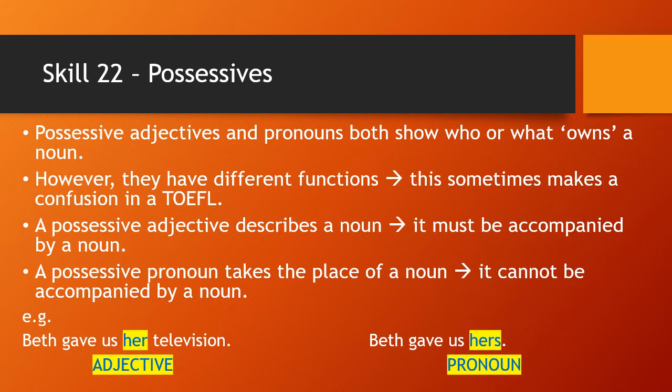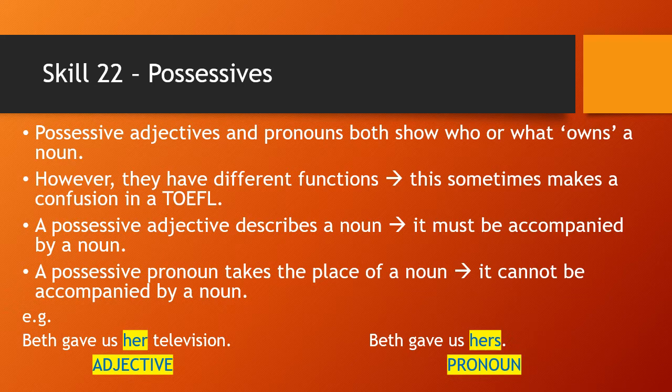Let's take a look at the example. Beth gave us her television. Her here is a possessive adjective. If we have a possessive adjective, we have the noun. But we can have, Beth gave us hers.